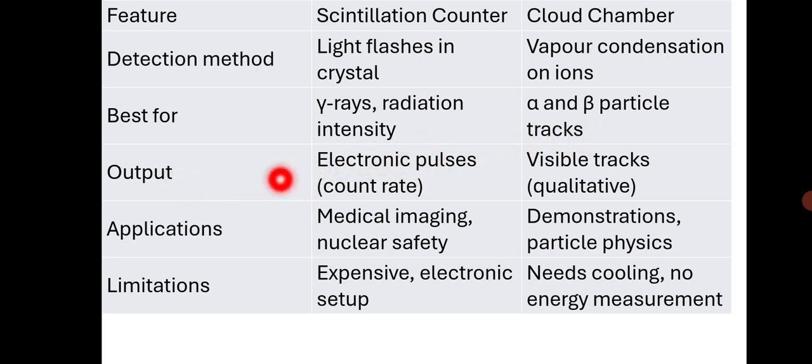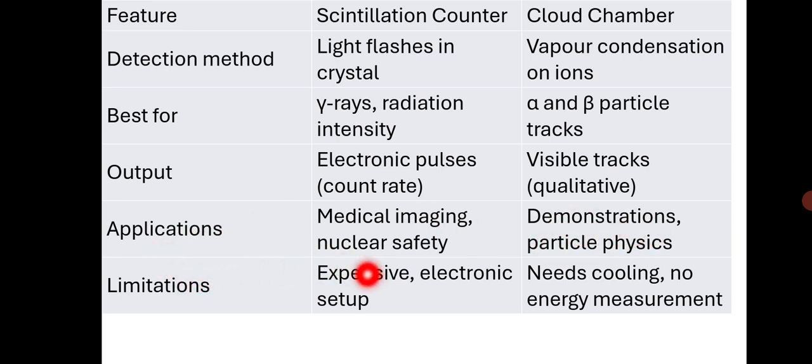For the scintillation counter, the output detected is electrical signals or electrical pulses, while for the cloud chamber, the output is visible tracks. Visible tracks cannot be measured. You can just see them and observe them, but you cannot measure the exact amount of the radiation. The scintillation counter is applied in medical imaging and nuclear safety, and the cloud chamber is used in demonstrations in a physics class, in particle physics.